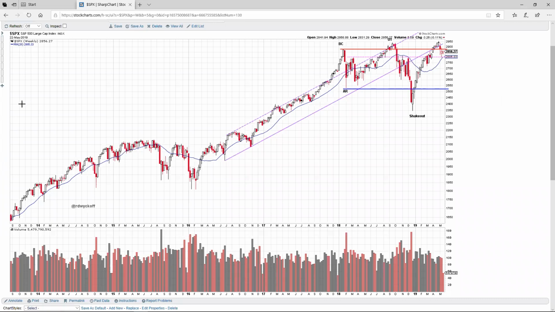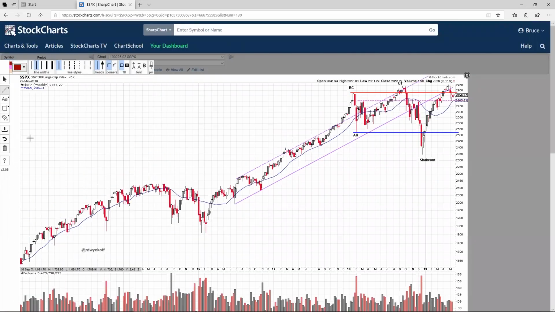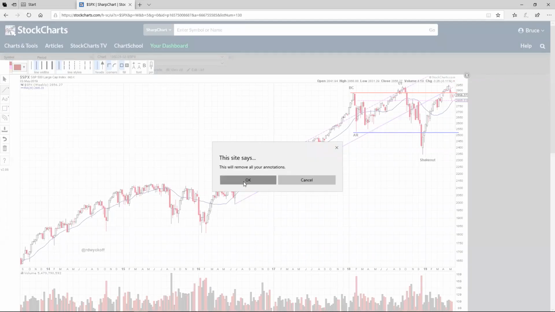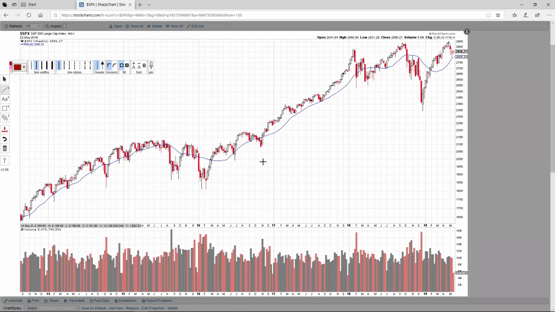Let's begin by having a discussion about indexes, and let's have a look at the S&P 500. We're going to remove the trend lines and just look at this market. We can see the S&P has really been range bound since the beginning of 2018, after a really dynamic uptrend with a climactic surge into the end of 2017 and early 2018.